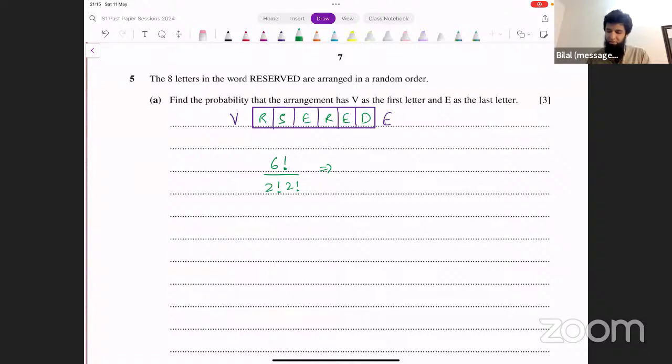6 factorial divided by 4, and that's giving me 180. And that's the result that we get from this first part.